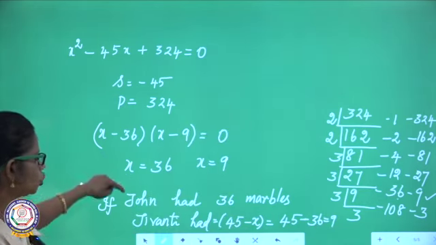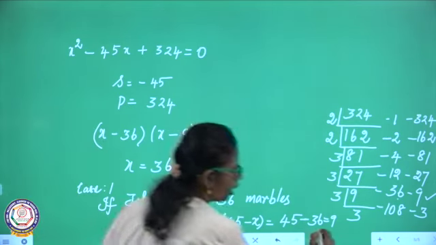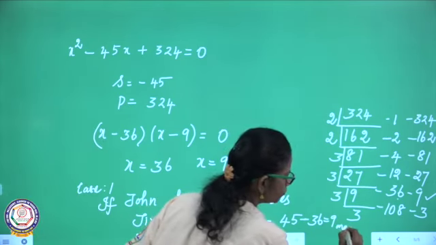Case 1: John had 36, Jivanti had 9 marbles.